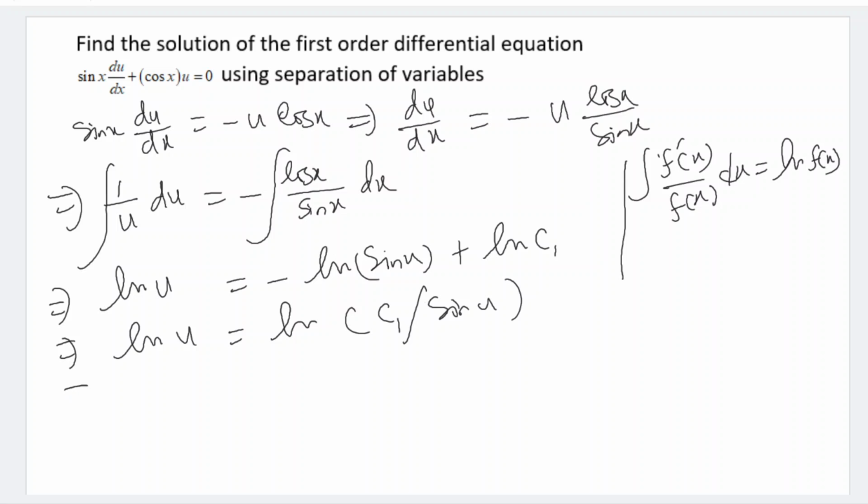So now we can say u equals c1 by sin of x. So this is the answer. So we can say this is the explicit form of the solution.